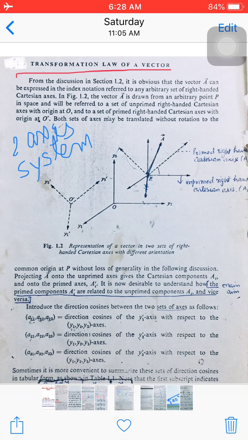Here we introduce direction cosines between the two sets of axes as follows.